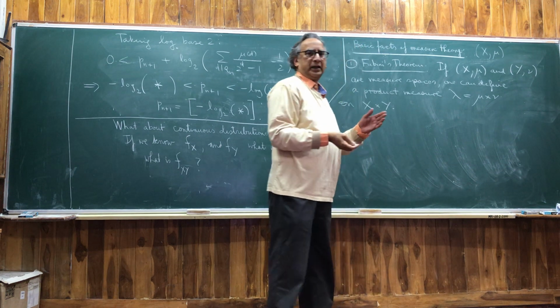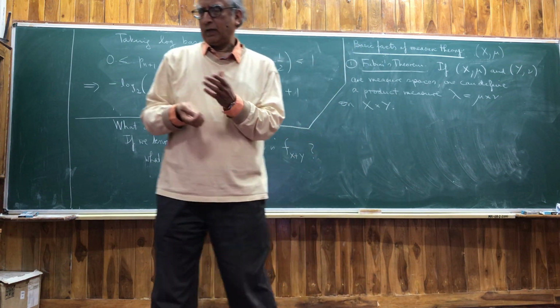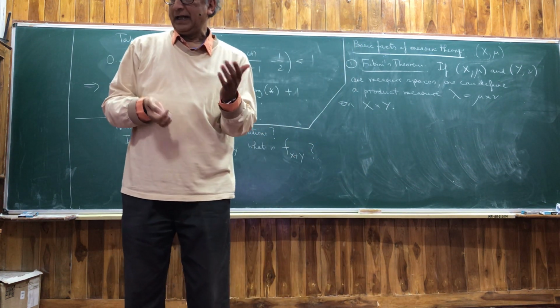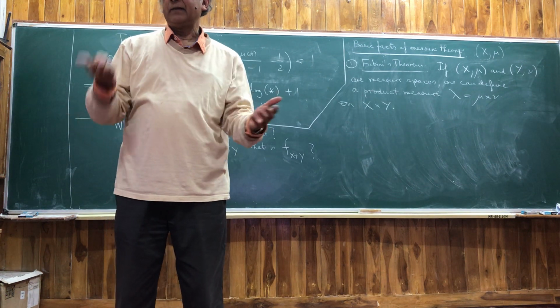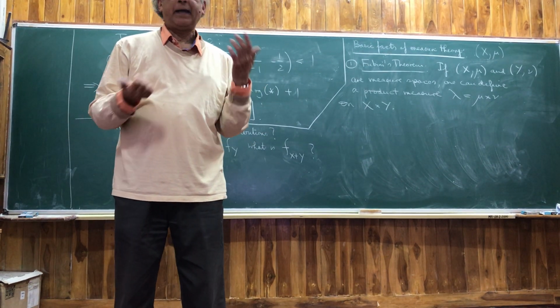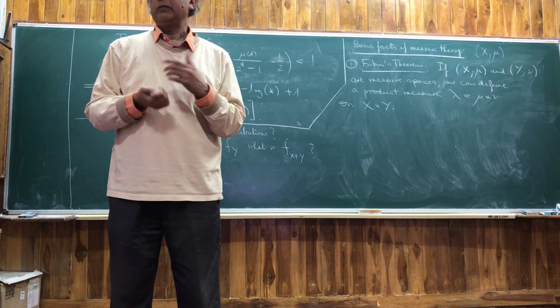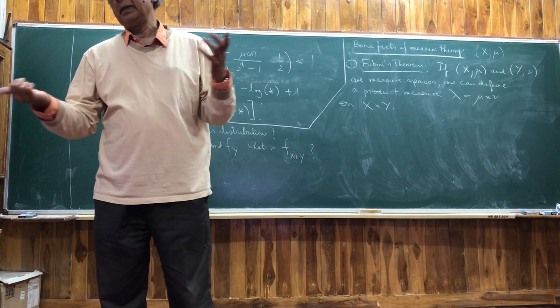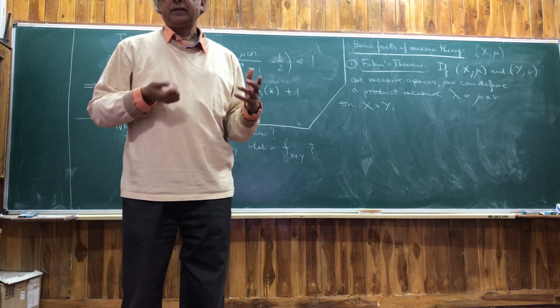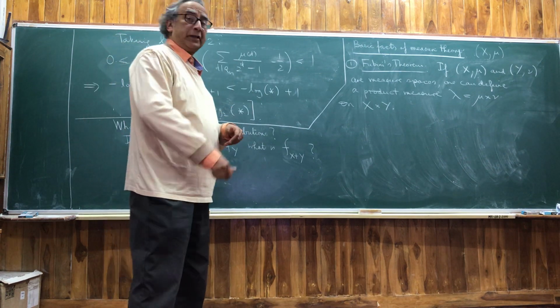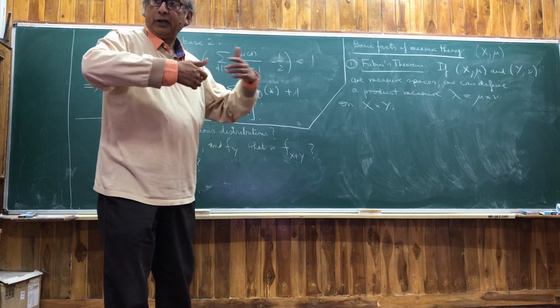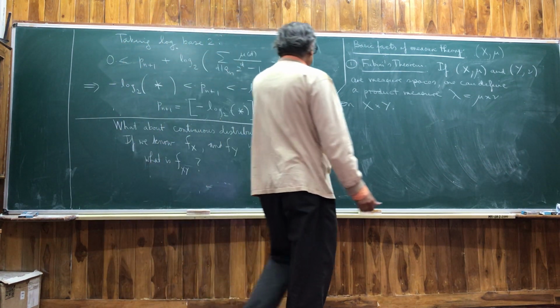And the way you do it is you take a measurable set A in X and a measurable set B in Y, and then you would say lambda of A cross B is just mu of A times nu of B. You do this for these measurable things, and then generate this on the sigma algebra of all of these. So it's pretty clear what to do.